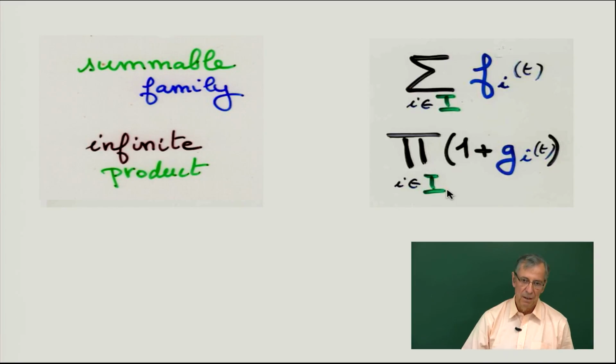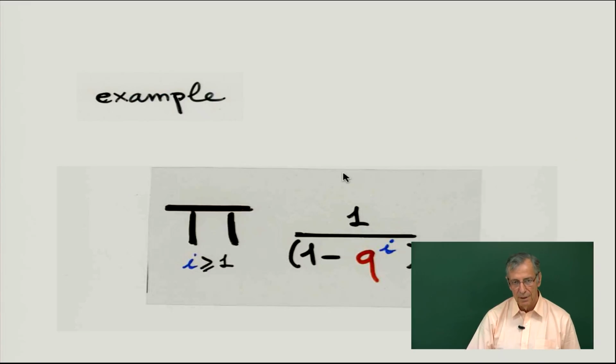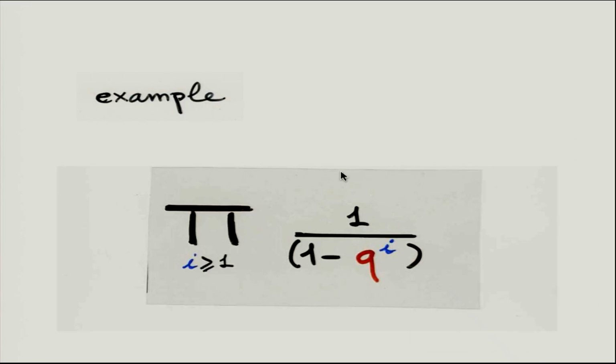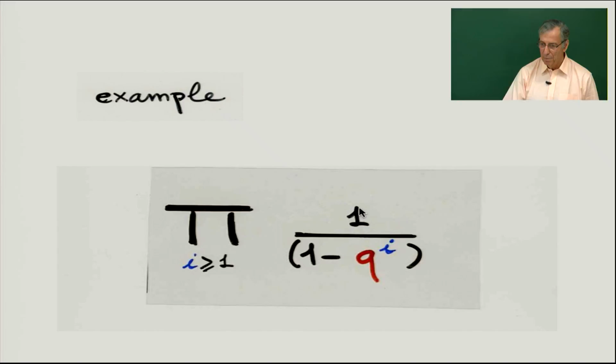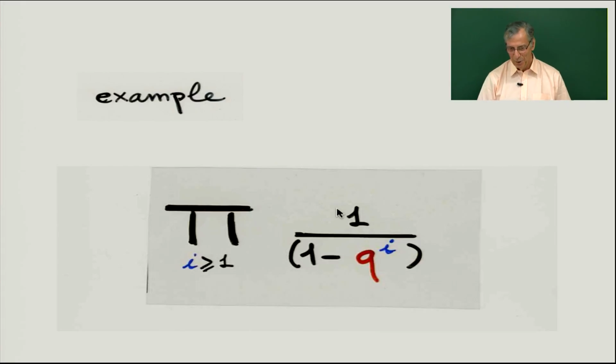So this defines precisely what an infinite product is, and a very nice example is the product of all the 1 over 1 minus q^i, which is a famous generating function, the generating function for partitions. We have seen quasi-partitions last time. So it is unusual to start a class with quasi-partitions and then give the example of partitions.